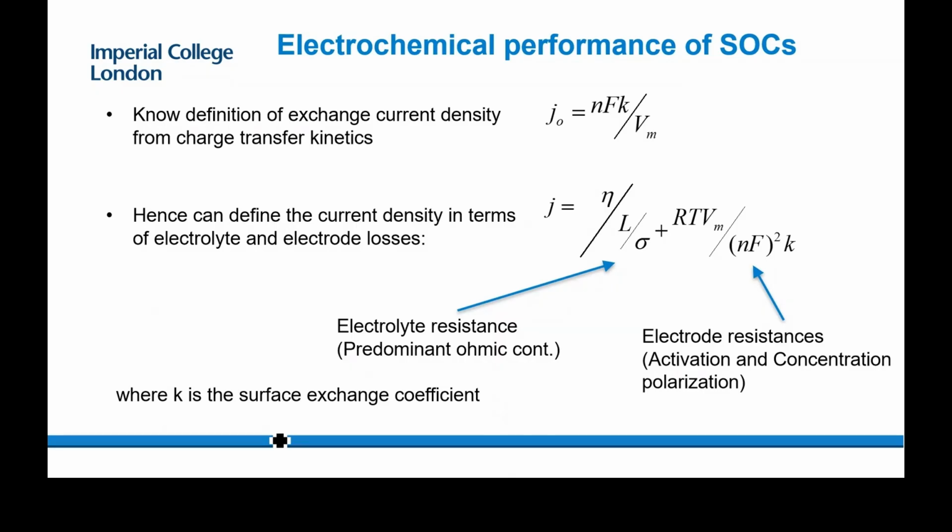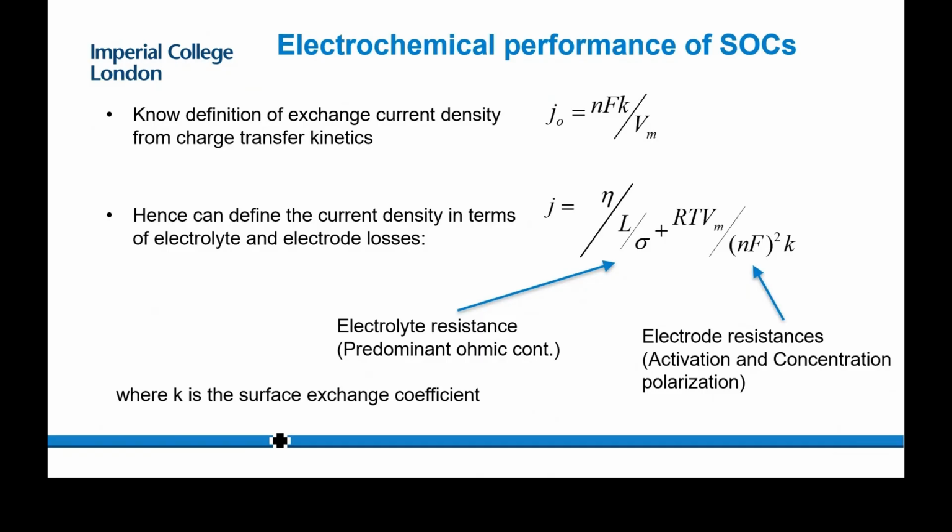L over sigma is your electrolyte resistance, and that is pretty straightforward. L is your thickness and sigma is your conductivity. So in terms of controlling your ohmic polarization from your electrolyte component, you can change the thickness, or you can change the materials to have a different conductivity.